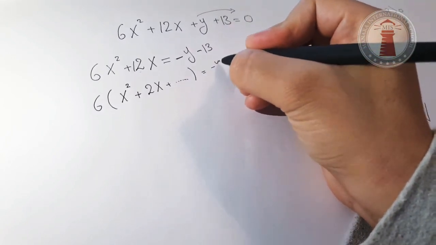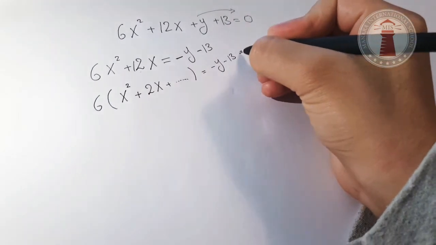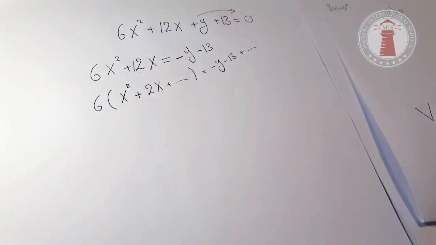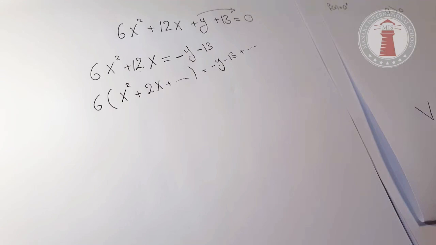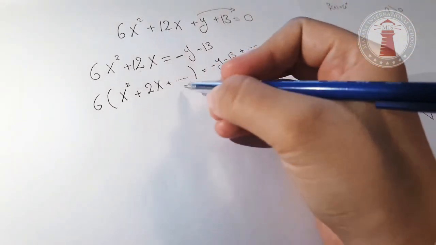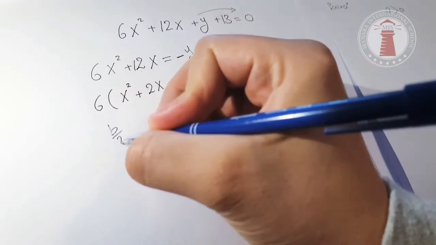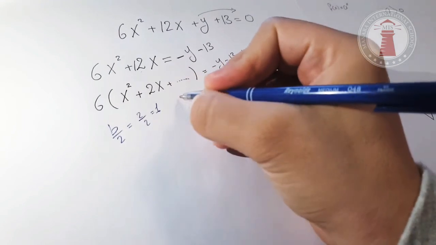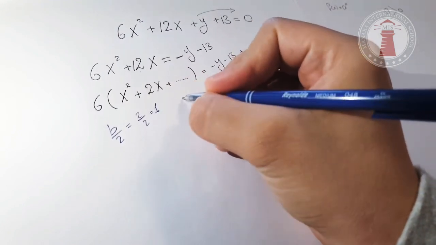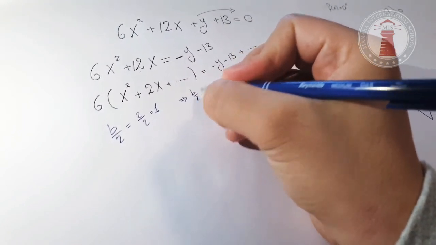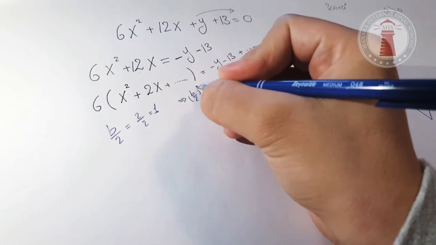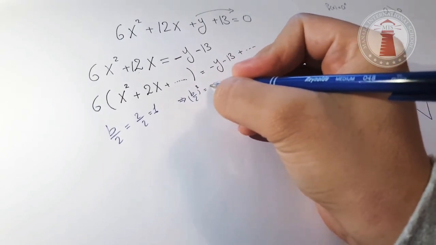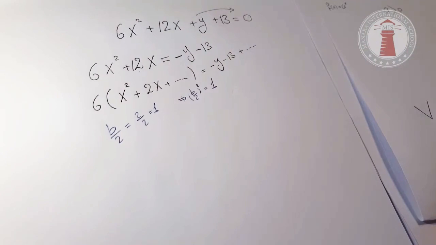And then we have minus y minus 13 plus a number, which is what we're going to find using complete the square, just like the previous one. To complete the square, we first need b over 2, which is 2 over 2, which is 1. The square of it is also 1. So b over 2 squared is equal to 1.